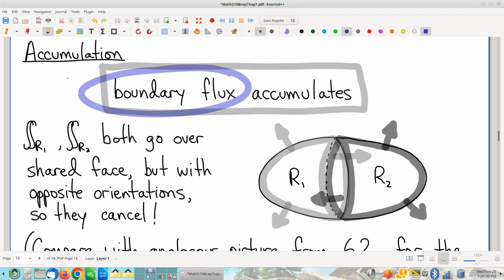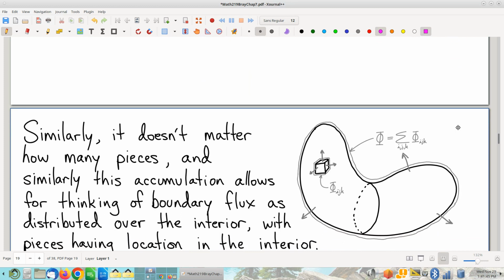So boundary flux accumulates over solids. Importantly, it is the solid that we are subdividing.